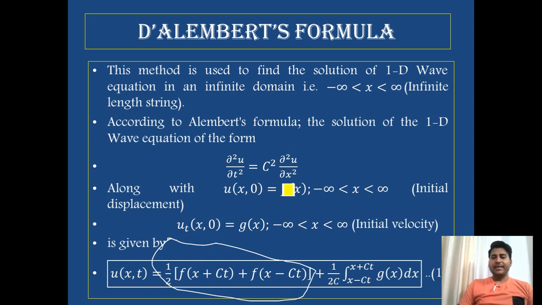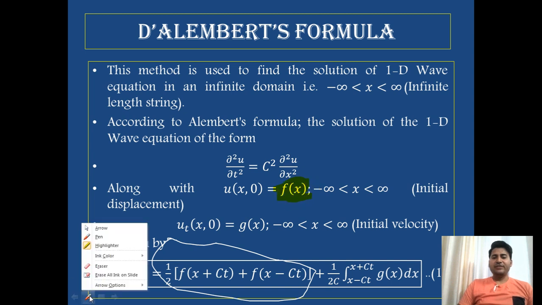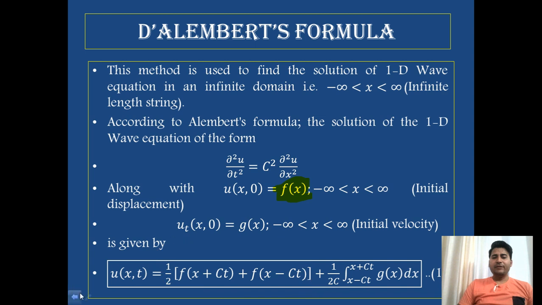Then the first term will be 0, and the solution is taken only from the g(x) term. So we have two subcases for D'Alembert's formula or solution.